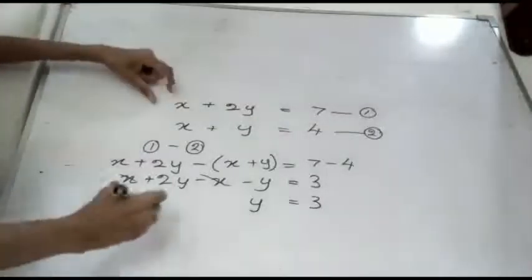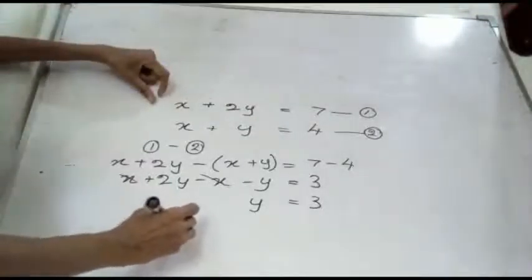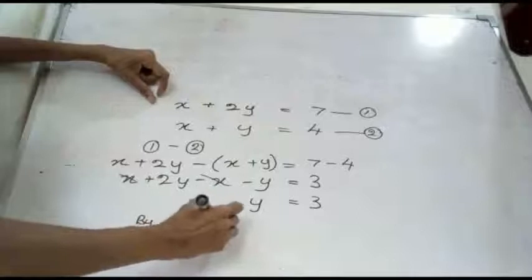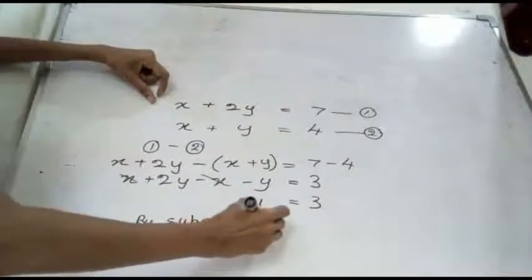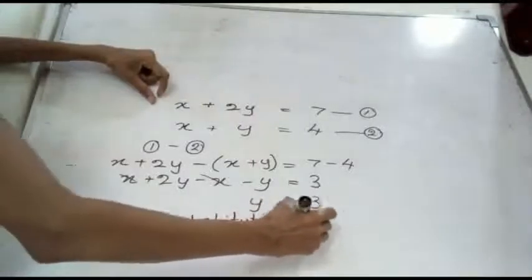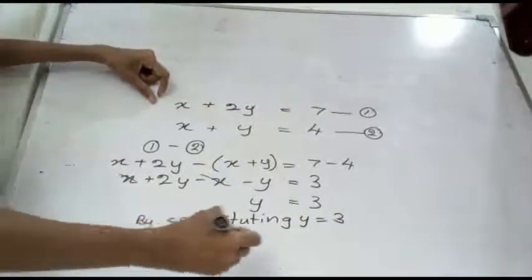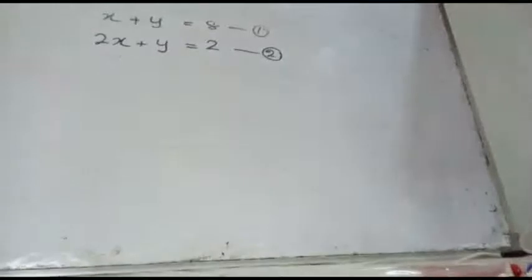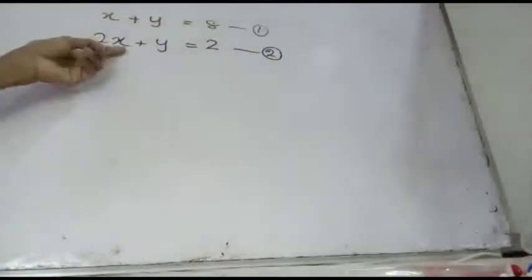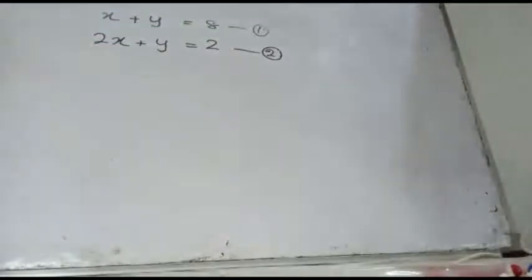By substituting y is equal to 3. Next, x plus y is equal to 8 is the first equation. 2x plus y is equal to 2 is the second equation.